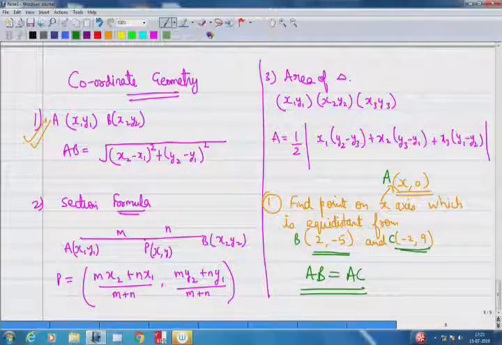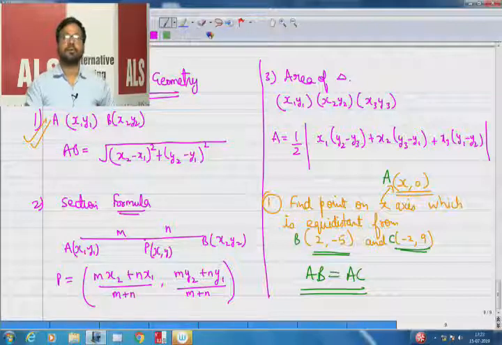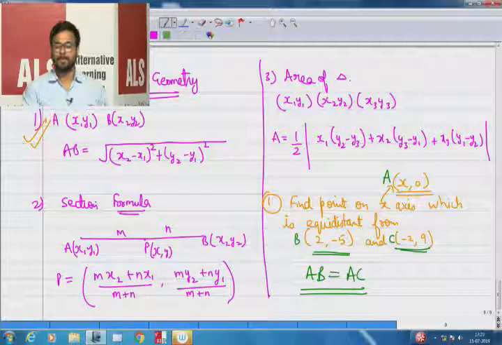Just apply the distance formula in both of them. If you are having any doubt, just let me know.